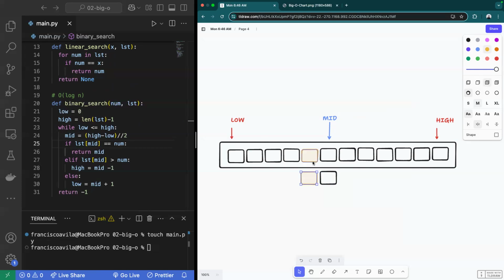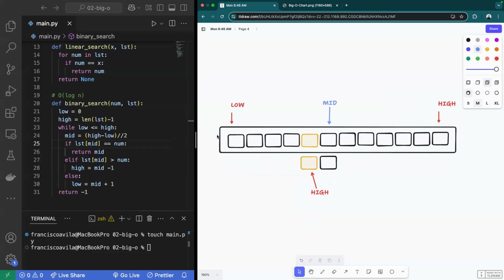Because it's greater than the target, we're going to reassign high to be equal to the middle, or excuse me, to the middle minus 1. So let me copy and paste that here. Now it's equal to that.